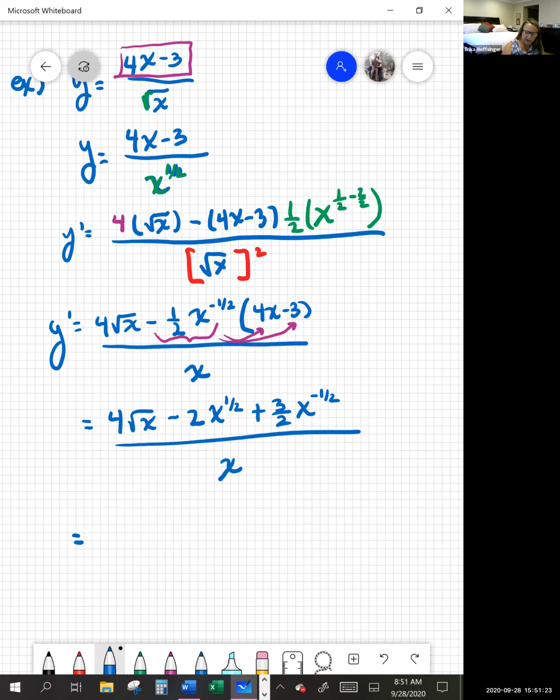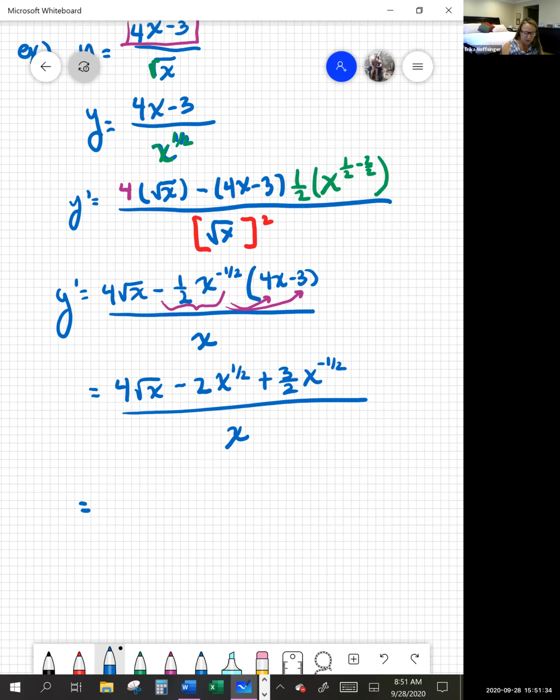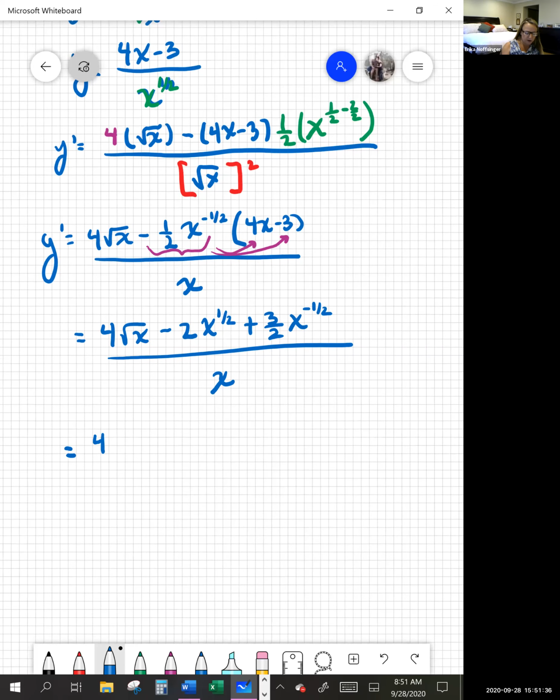Or we can rewrite this as a single fraction, but right now we have fractions within fractions, which we don't like. So I think it might be easiest if we just break this down. So this would be really 4 square root of x, but I'm going to write that as x to the 1/2 power at this moment, all over this x. Minus 2, I have x to the 1/2 power, all over this x.